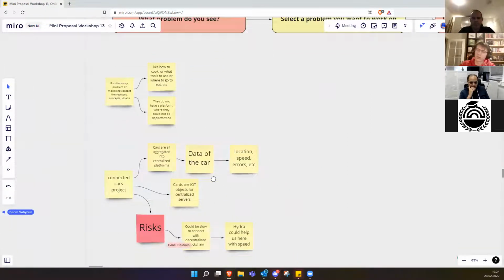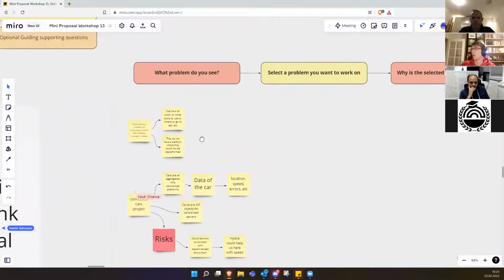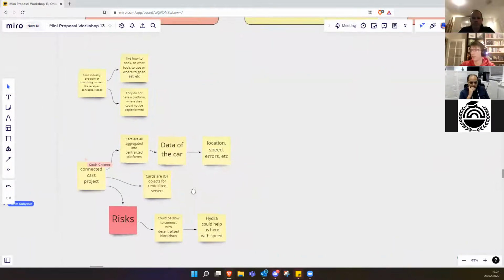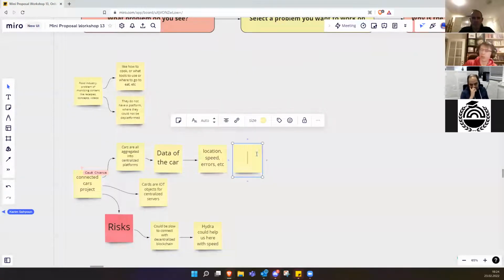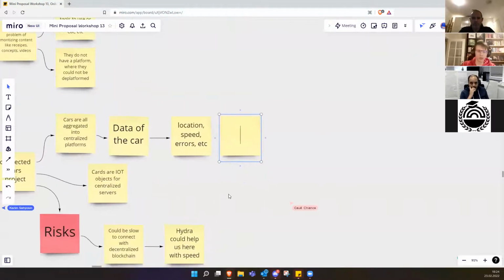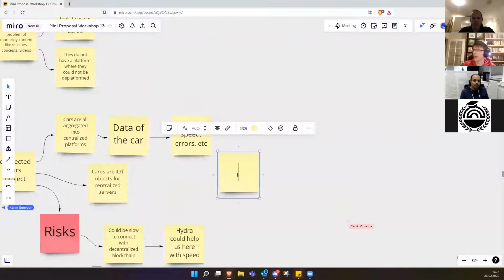Now we want to turn this idea into a problem statement, or the first problem statement. So, Oussama, as this is your idea, can you rephrase it into a problem statement, or the initial one? Okay. Yes, I will rephrase it.